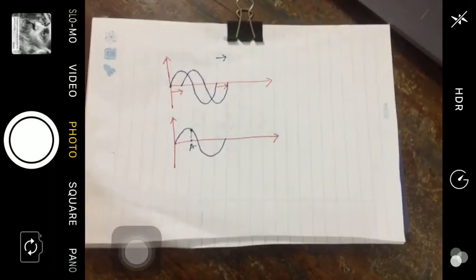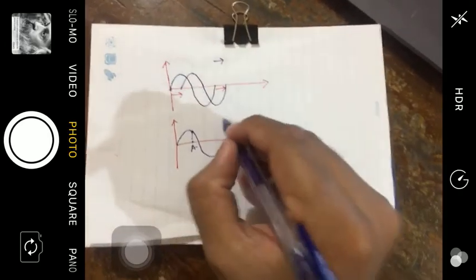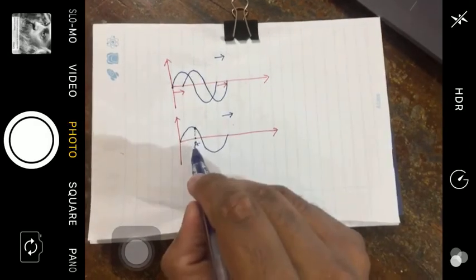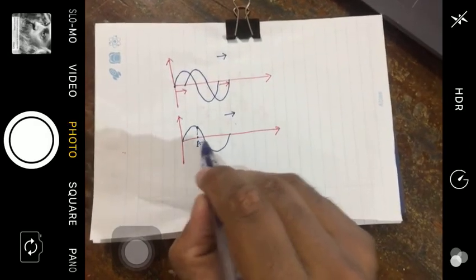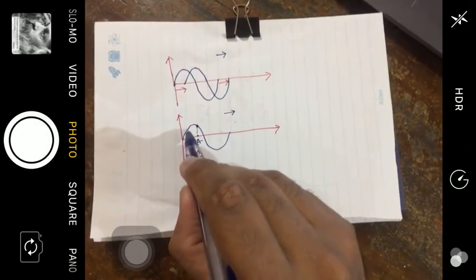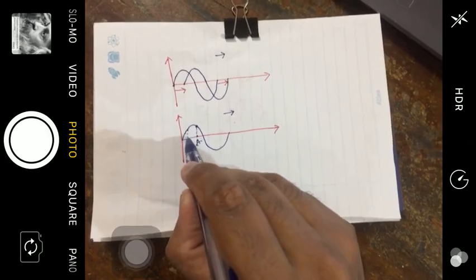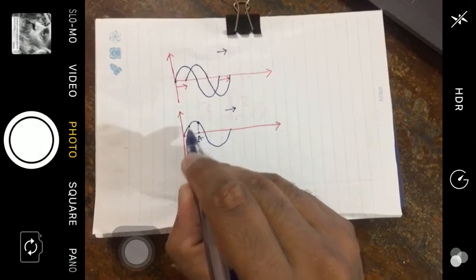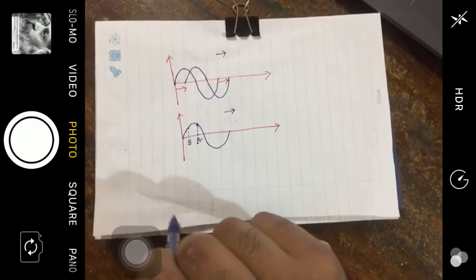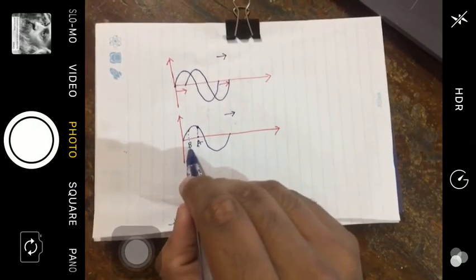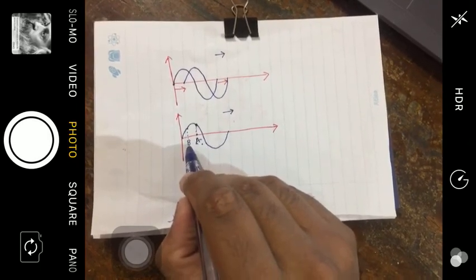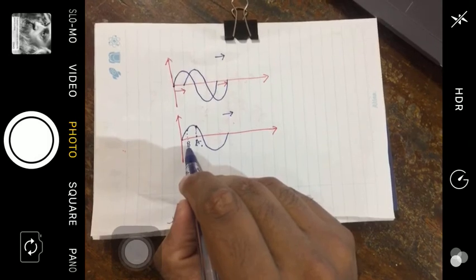If you want to predict its future, given that the wave is moving to the right, then after some time this A will experience the same as the particle, say B here. After some time the particle A would go through the same experience as particle B.